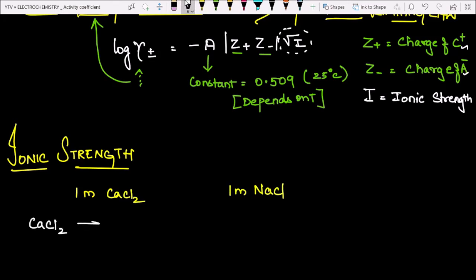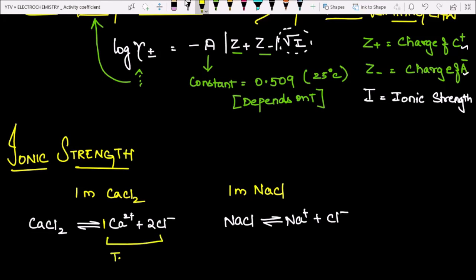Calcium chloride is split as Ca2 plus and 2Cl minus. NaCl is split as Na plus and Cl minus. Now, just check the number of ions. Here you have 1 plus 2, so the total ions from 1 mole of calcium chloride is equal to 3.